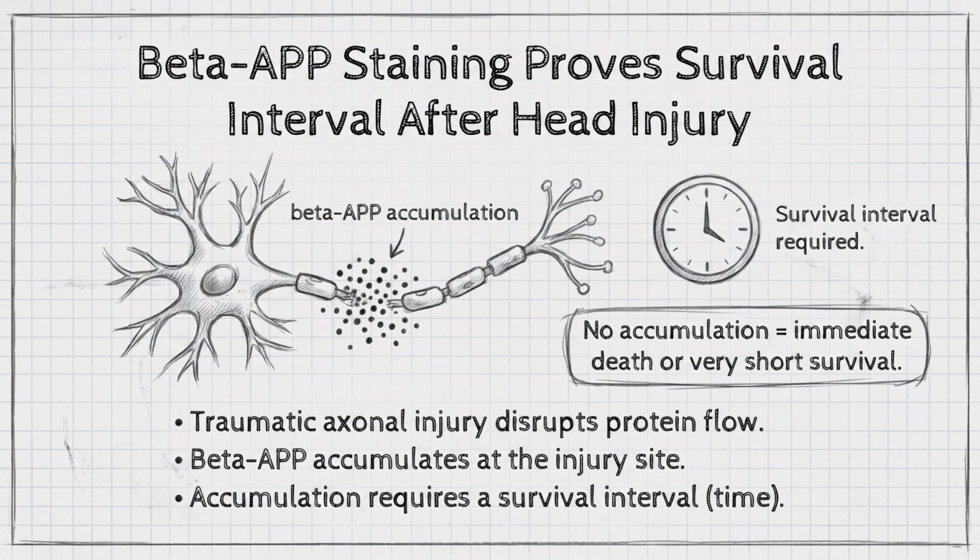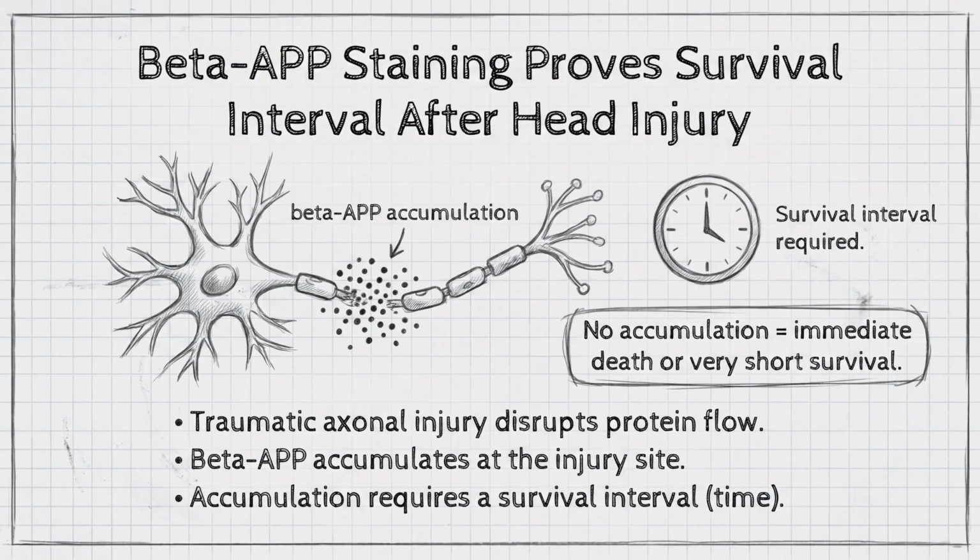So extending this concept to head injuries, beta-APP staining provides definitive proof of a survival interval after trauma. Beta-amyloid precursor protein, or beta-APP, accumulates in injured axons within hours of a traumatic brain injury.